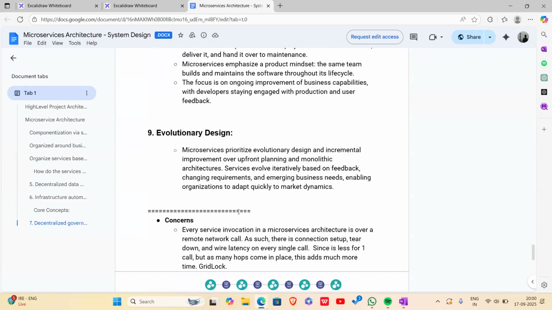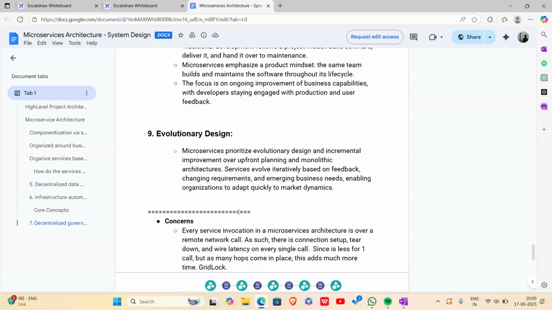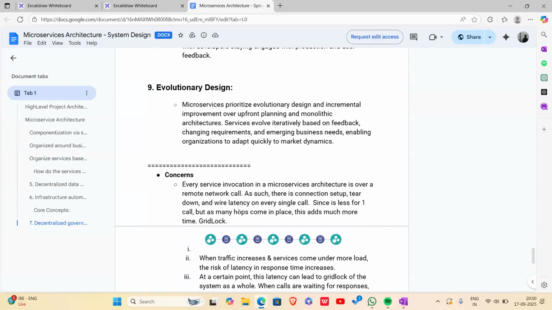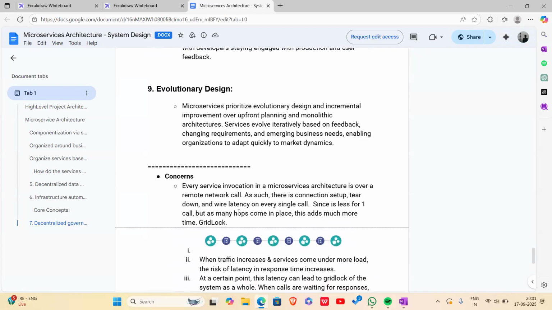Ninth is the evolutionary design. Microservices prioritize evolutionary design and incremental improvement over upfront planning and monolithic architectures. Services evolve iteratively based on feedback, changing requirements, and emerging business needs, enabling organizations to adapt quickly to market developments.